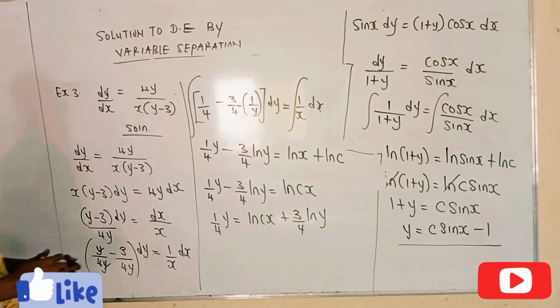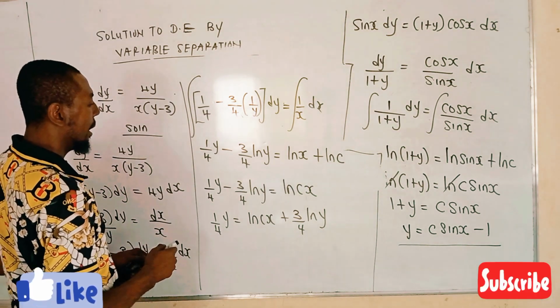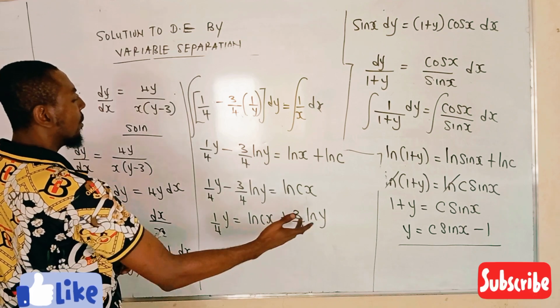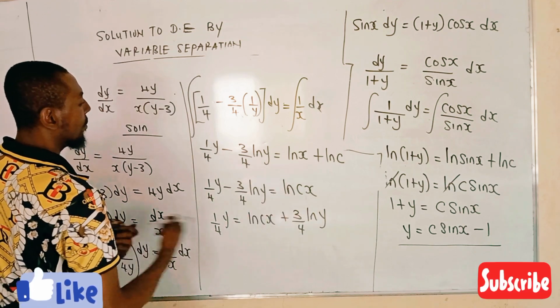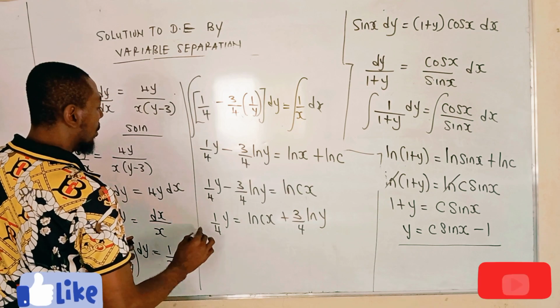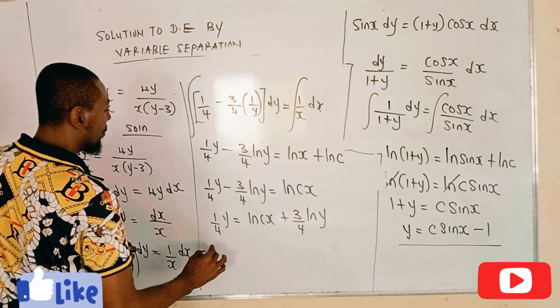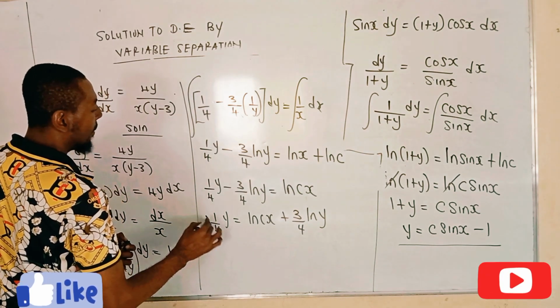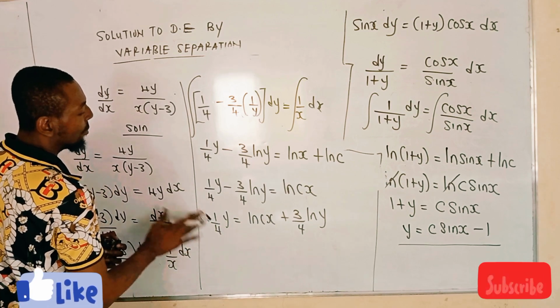Of course I can equally take the LCM, multiplying through by 4. 4 will cancel out 4.